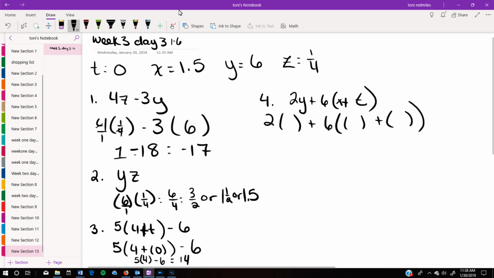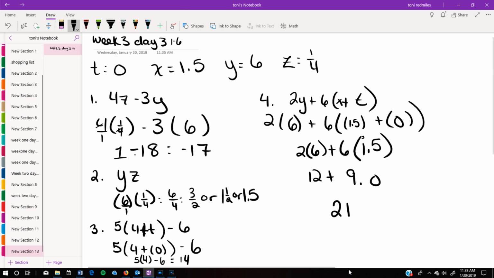Okay, so y is 6, x is 1.5, and t is 0. All right, got to do the parentheses first. 1.5 plus 0 is 1.5. Now my multiplication, that's going to turn to 12. This is going to be 9. Okay, add these together, and you get 21.